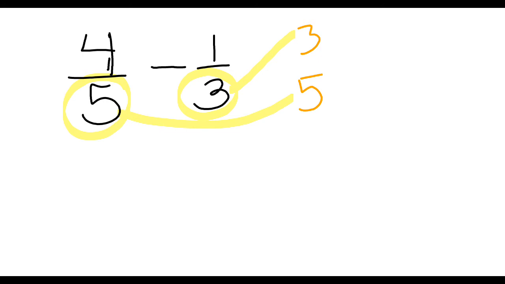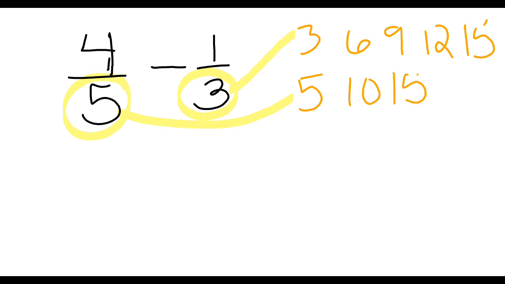So the multiples of 3 are 3, 6, 9, 12, 15. And for 5, I've got 5, 10, 15. Oh, wait, 15's up there, 15's down here. That works. So now I'm going to rewrite my fractions with a denominator of 15.